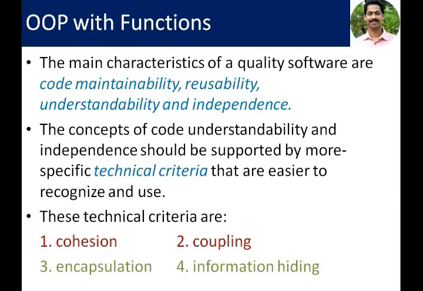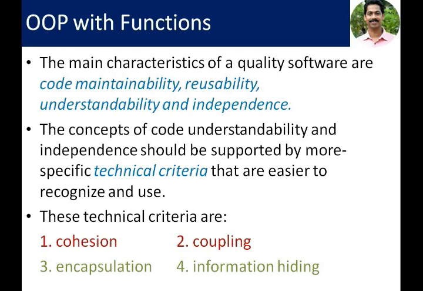By using these technical criteria, a project or a large program can be very user friendly, and we can maintain that program in an easier manner, and also we can reuse that program for other purposes, and everybody can understand these programs by using these techniques.